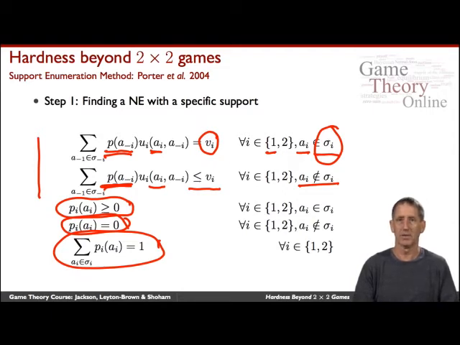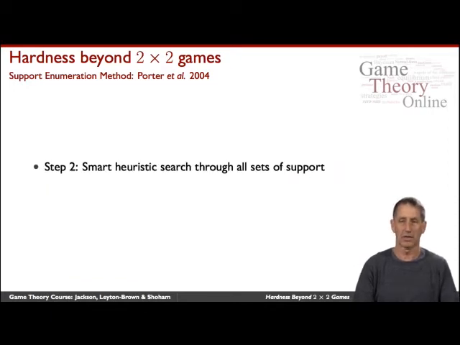The fly in the ointment is the fact that there's an exponential number of supports to explore. And this is the second part. We need to now start exploring the set of supports. I won't go into details about how we do it, but the basic idea is the following.